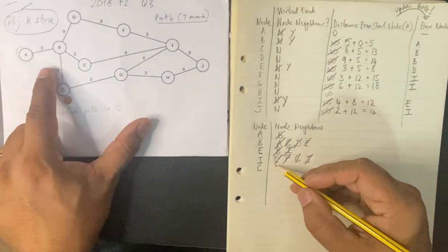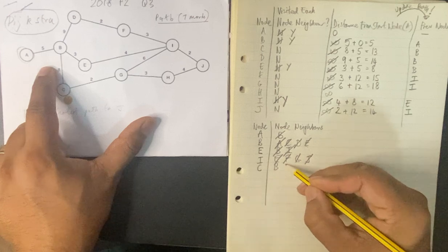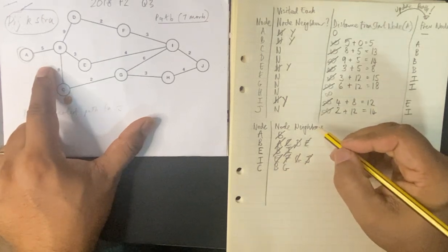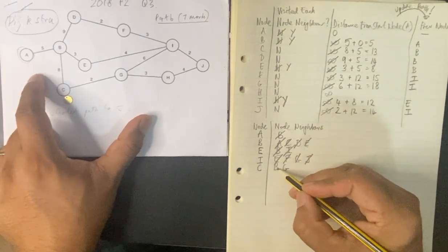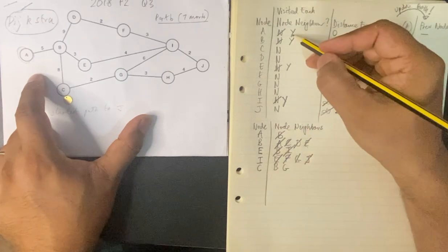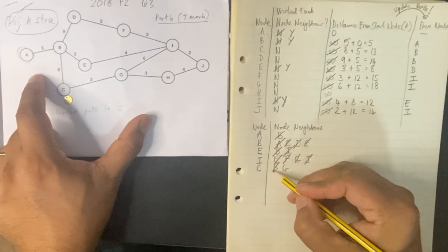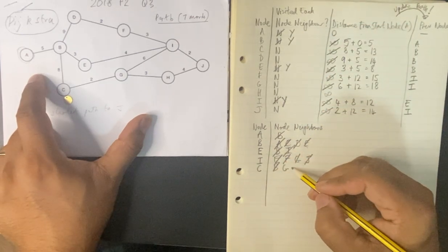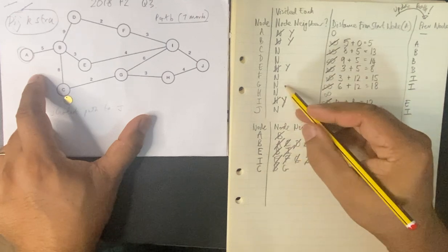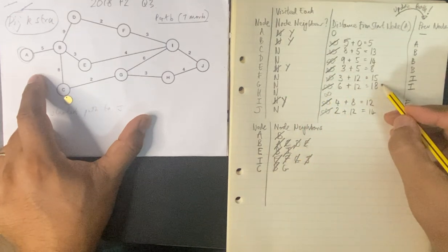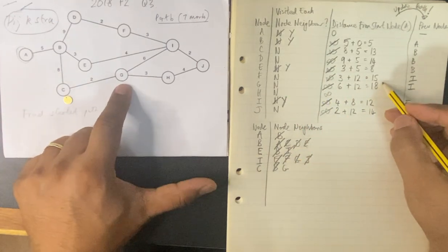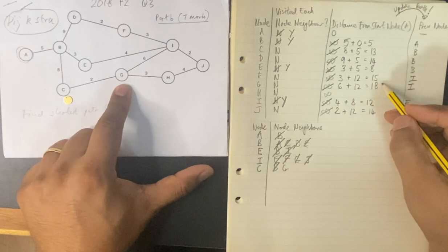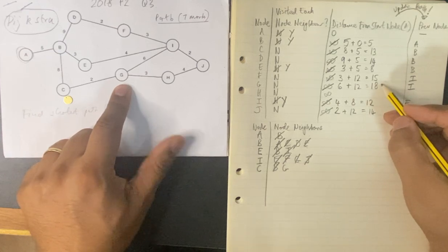What are the neighbours of C? Well, just B and G. Okay, so B. Have we processed all the neighbours before? Have we got Y in that column? Yes, so we don't have to worry about that. And G. Now for G, will our value be smaller than 18? If so, we update it.